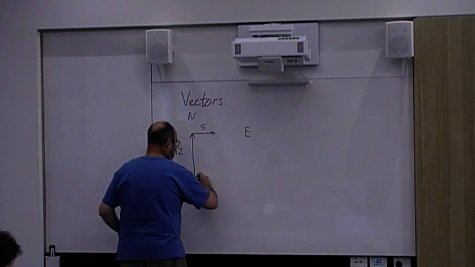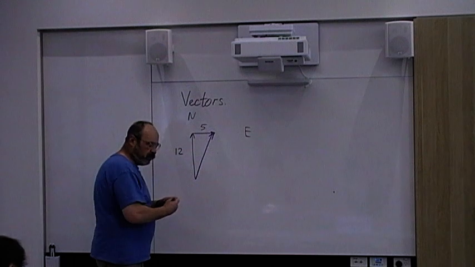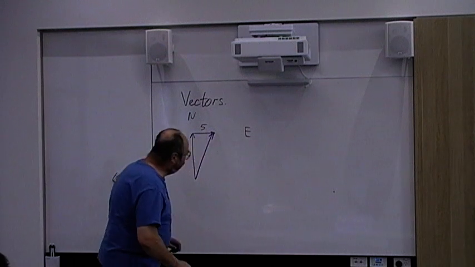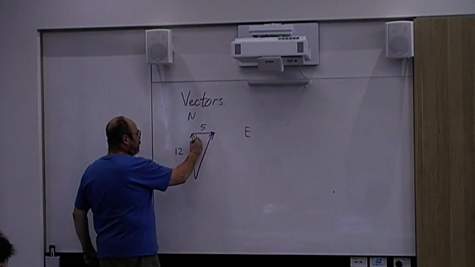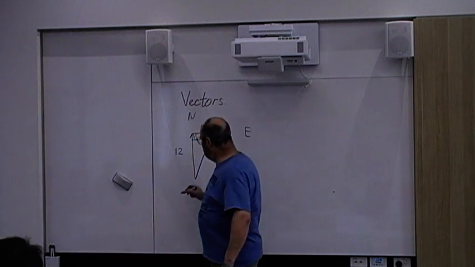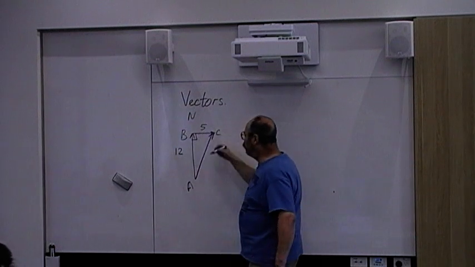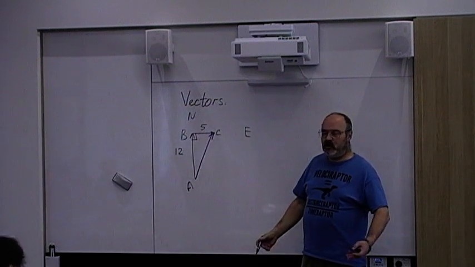So this vector will be the resultant vector. To find it, because this is a right angle, how will we find the length of the vector AC? Using Pythagoras.